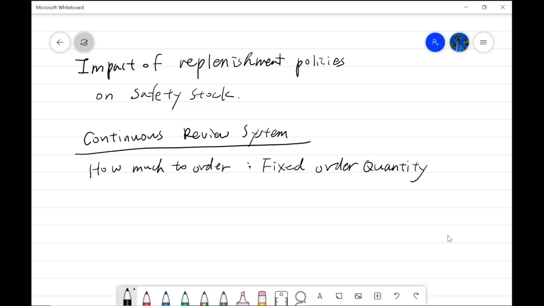Whenever you decide how much to order under the continuous review system, you order exactly the same amount. You don't always have to use the EOQ, but mostly we use EOQ. Just a fixed amount of the order.